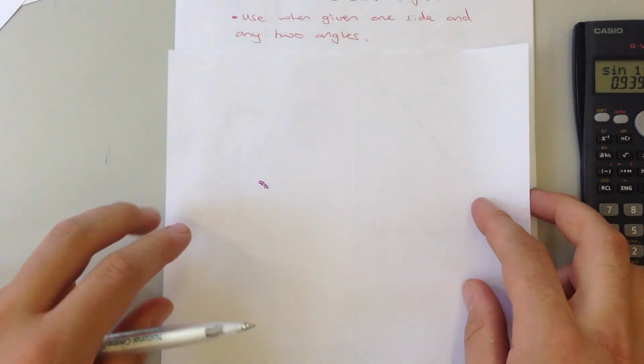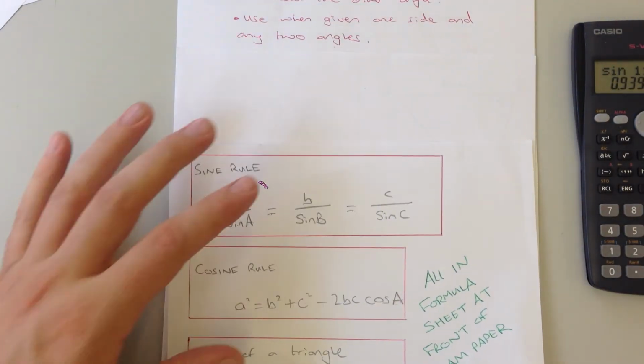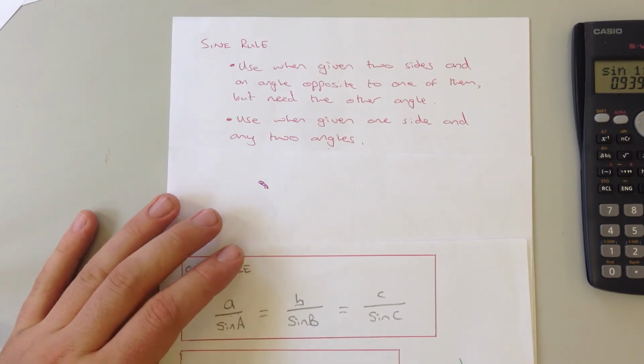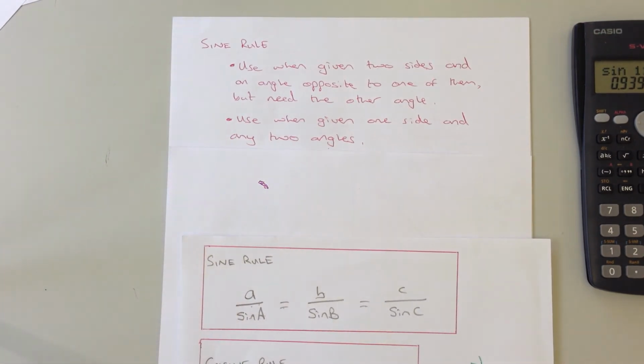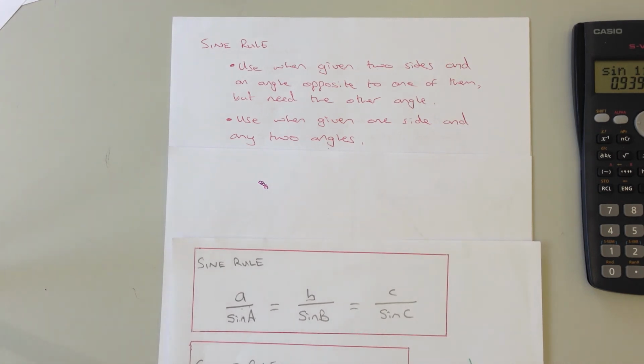Okay, the next bit is the sine rule. So the sine rule, like we said earlier, is a over sine A equals b over sine B, which equals c over sine C. Now, when you're using the sine rule, you'll always be given three pieces of information, and then you're going to work out what the fourth is.